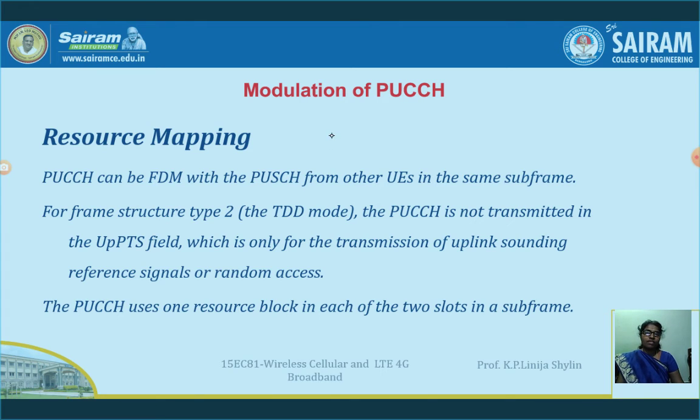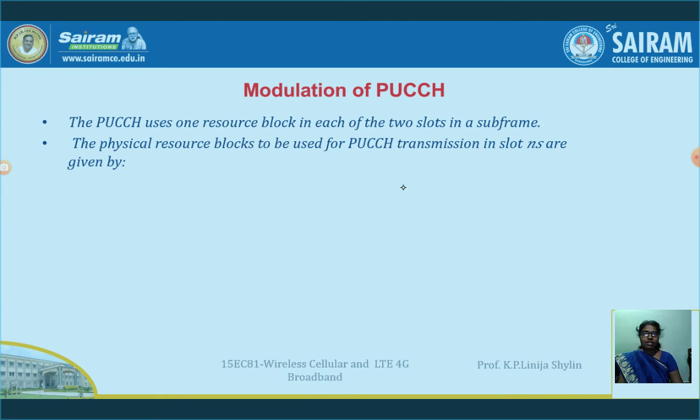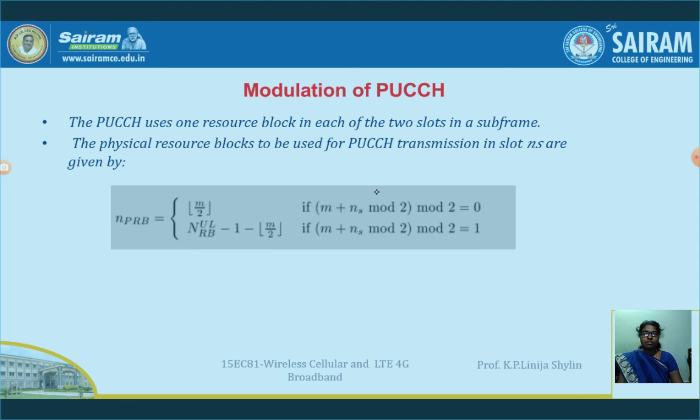Next, in the graphical representation of resource mapping, before the graphical representation we will see the formula, that is using a modulo 2 addition, written as n PRB equal to this formula, which we take as a rule.